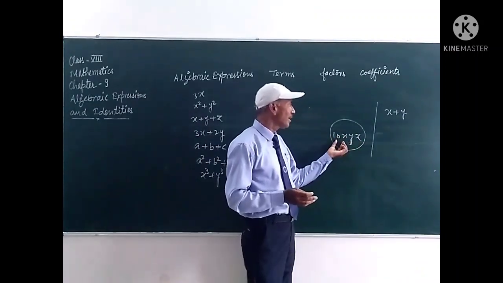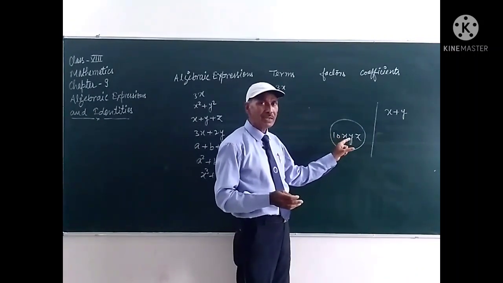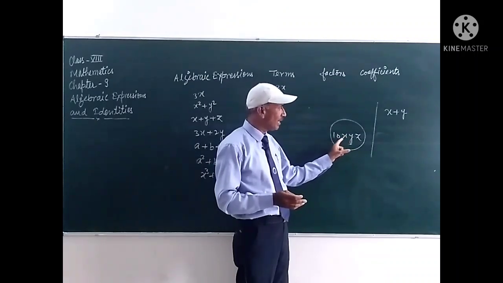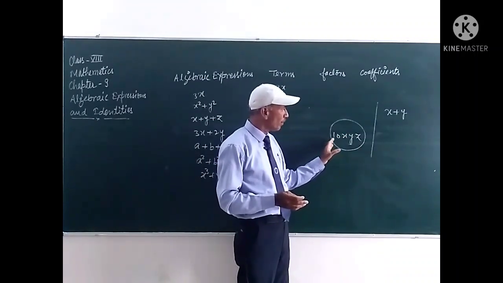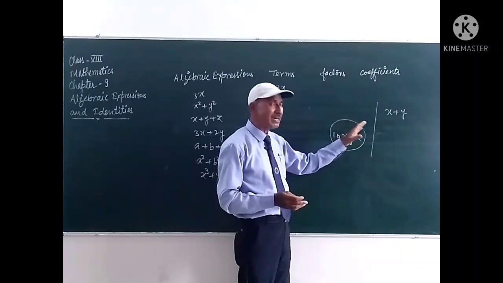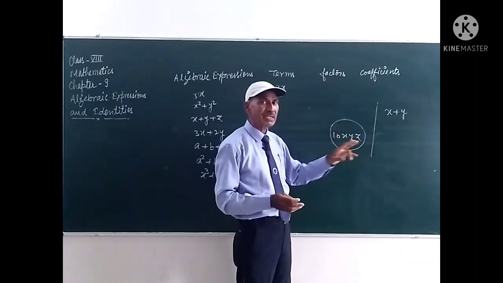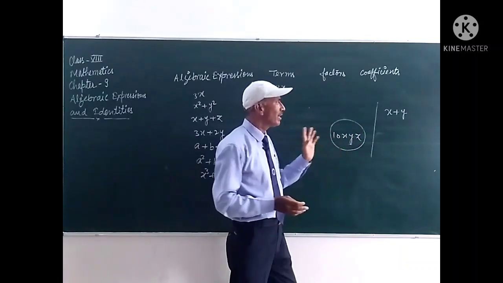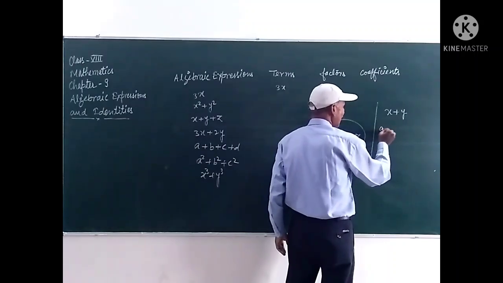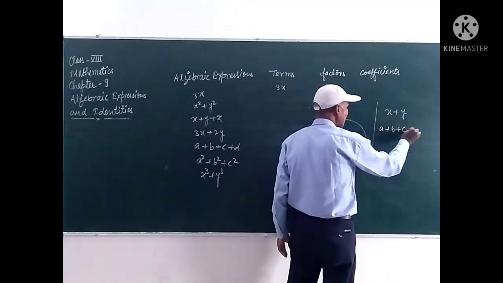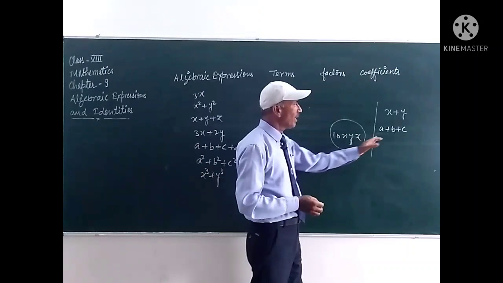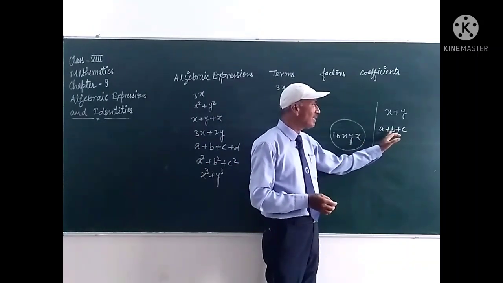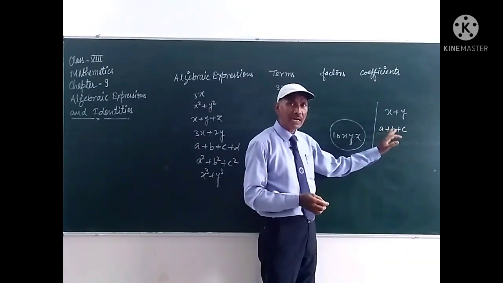But in the case of xyz, there is no addition or subtraction. There is multiplication only, student. So multiplication does not separate the terms. Only addition and subtraction separate the terms, like this. a plus b plus c. There are three terms, student, because in between these there is the sign of addition.